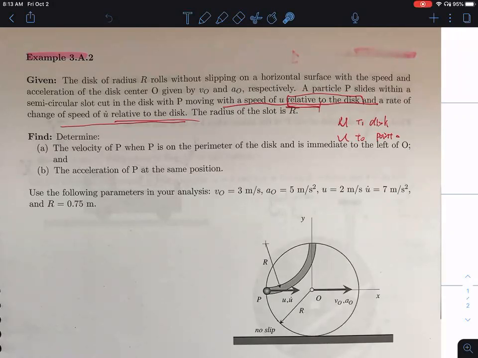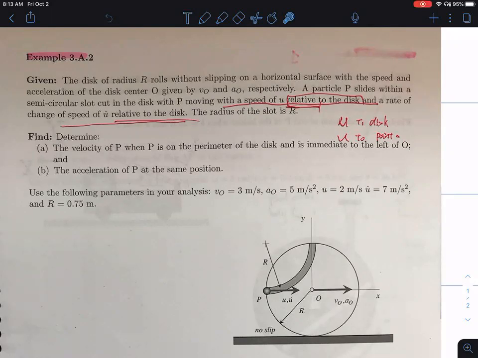That's from chapter 2. We talked about two different cases, rolling without slipping, or slipping. If you know the case, what condition do you know, which is a special point. And we know the speed and acceleration of the disk at the center O. So v_O and a_O are given.